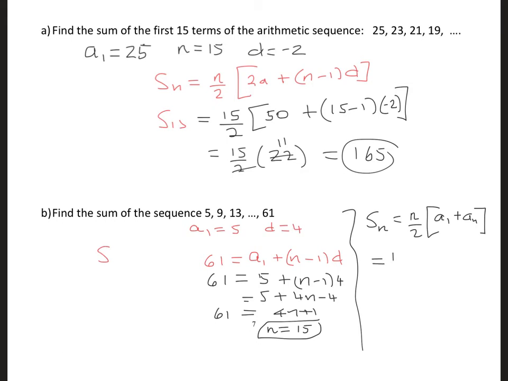So that is 15 over 2, the first term, which is 5, plus the last term, 61. When I multiply this together, 5 plus 61 is 66. I divide by 2, that is 33, times 15. So this is going to be 495.